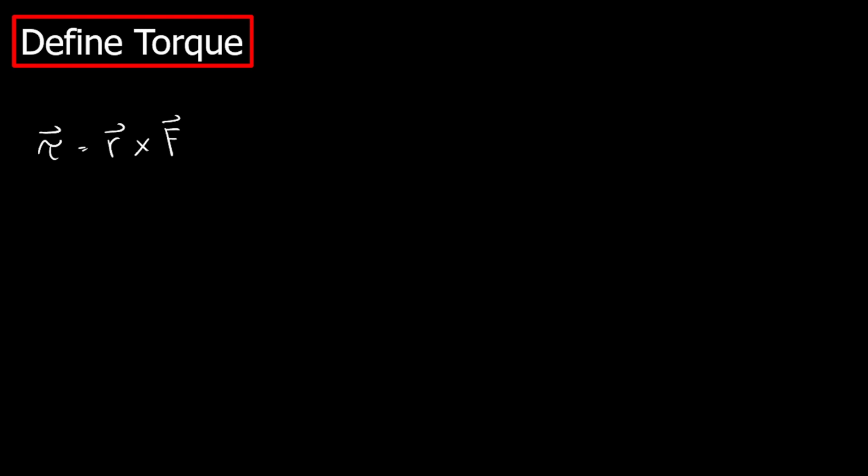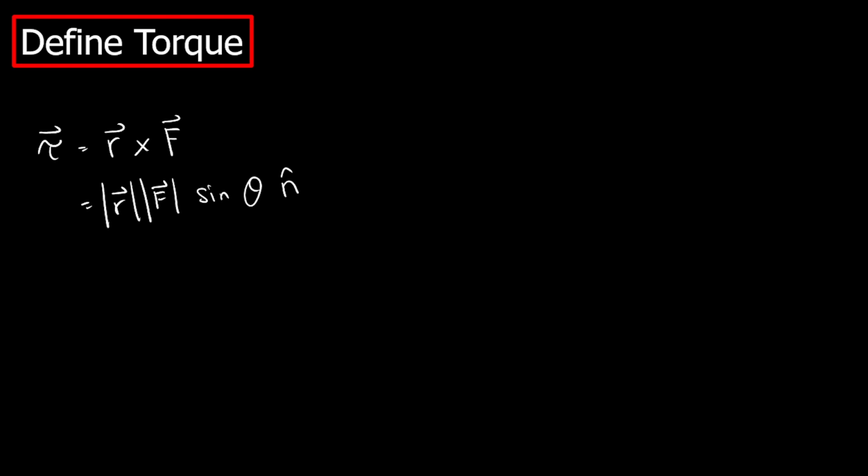We've seen this cross product before in chapter 1 when we talked about maths. We can expand it to talk about the product of the magnitudes of r and F, then take the sine of the angle between them, and it's going to be normal to both r and F.